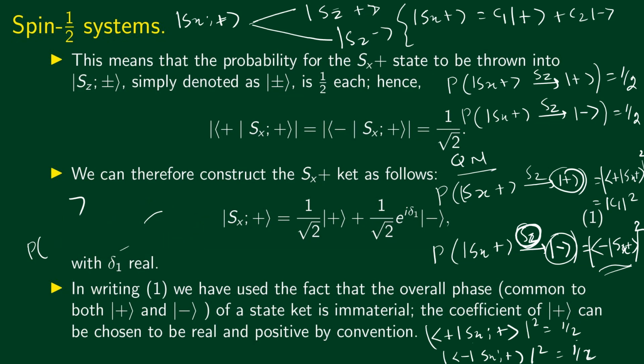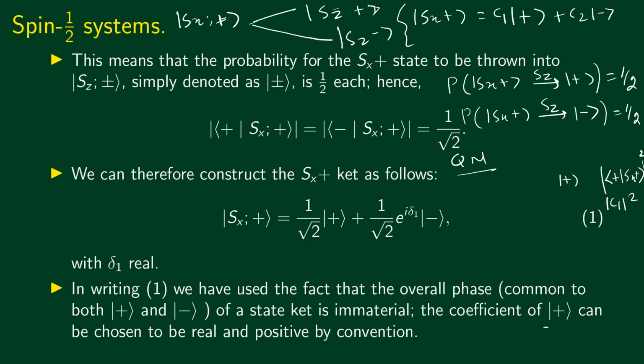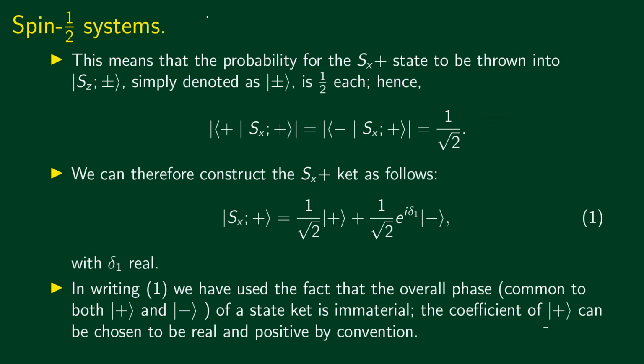Now let's see what we can do with this. By combining the probability postulate with the experimental result, we have these equations. The modulus square of bra plus ket Sx plus is equal to 1 by 2. The 1 by 2 is measured experimentally, and this is the theoretical prediction.